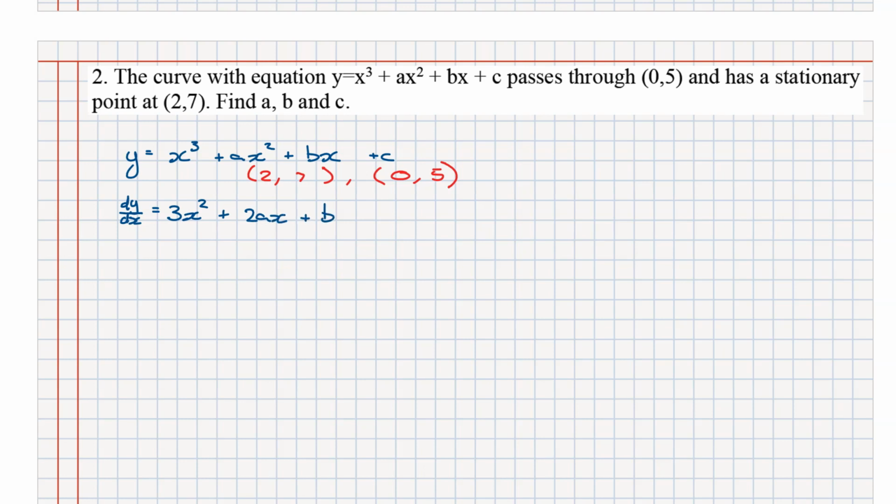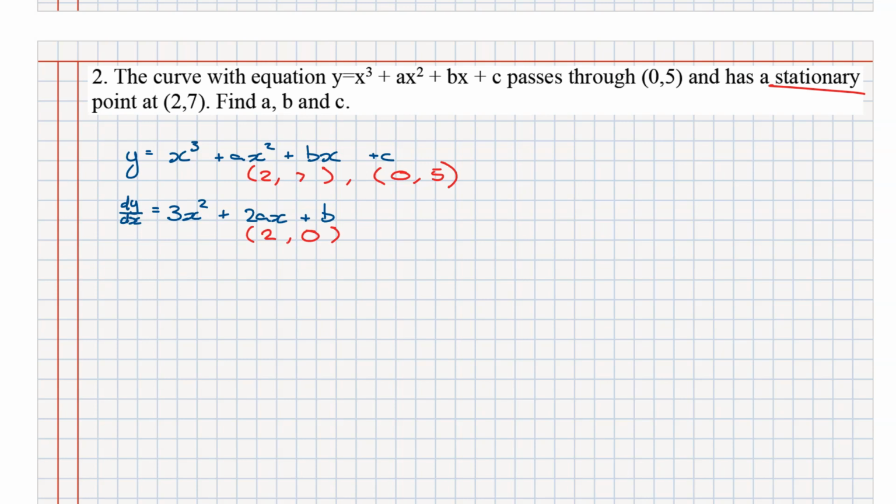Because we've got a stationary point there, it's going to become (2, 0). So what we've been able to do is get an equation with 2 points and then another equation with 1 point, of which we have 3 unknowns, and therefore we can build 3 equations.